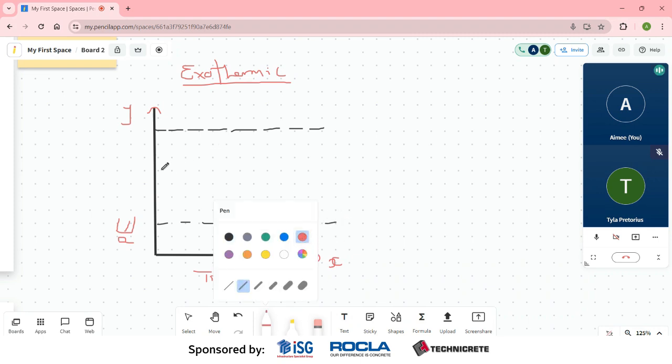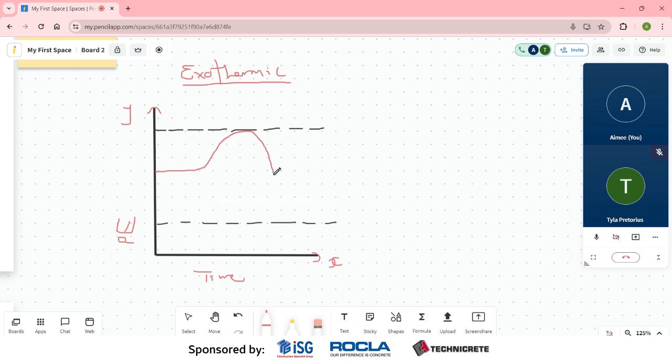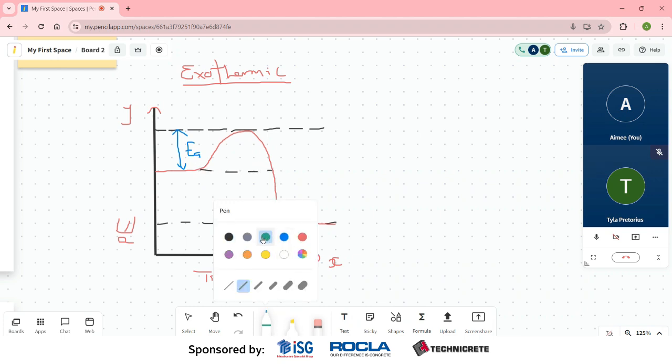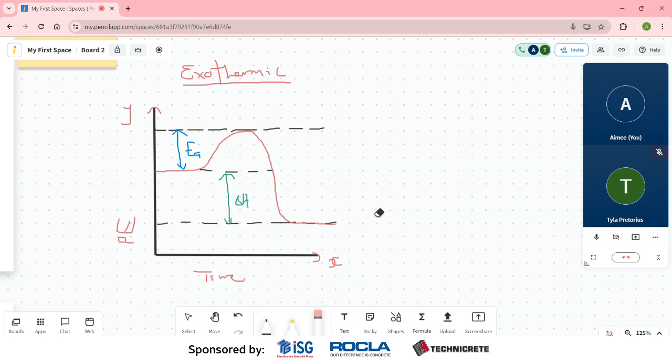I'm just doing it in different colors because it makes it easier to kind of see what's going on. And there's your exothermic graph.